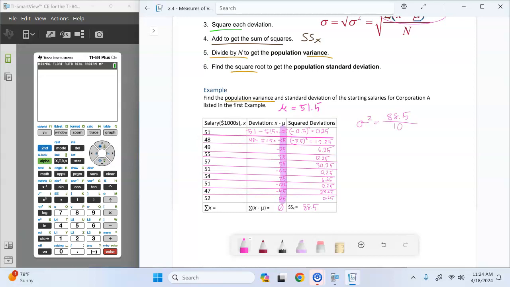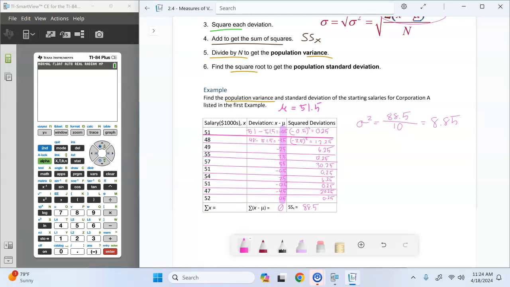So what's our variance? 8.85. Okay? And then our standard deviation is just the square root of our variance.